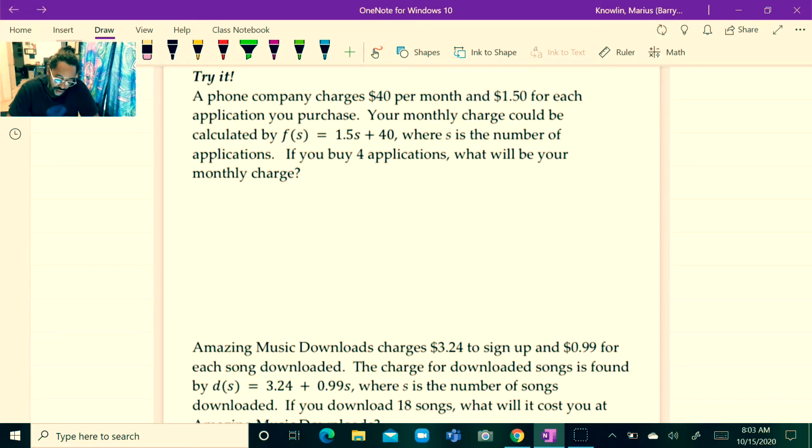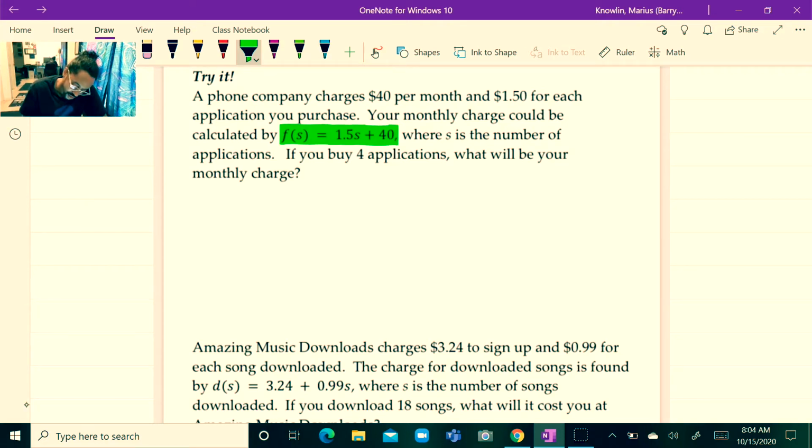All right. A phone company charges $40 a month and $1.50 for each application you purchase. Your monthly charge could be calculated by f of s equals 1.5s plus 40, where s is the number of applications. If you buy 4 applications, what will your monthly charge be? So let's highlight some key things.